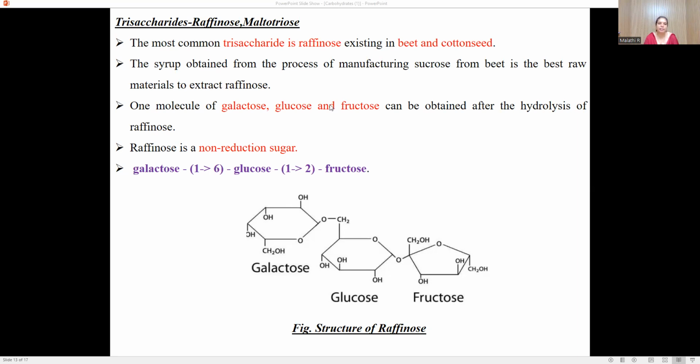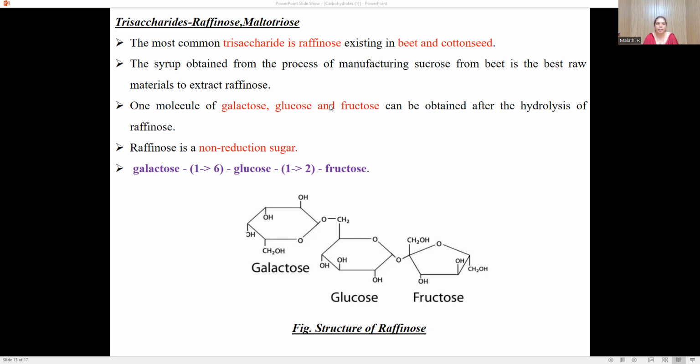The saccharides we have studied till now are all reducing sugars, which can convert the copper, which is blue in color, to cuprous ion, which is brick red in color. Whereas raffinose is a non-reducing sugar. It cannot reduce the copper, which is available in blue color, to brick red color.